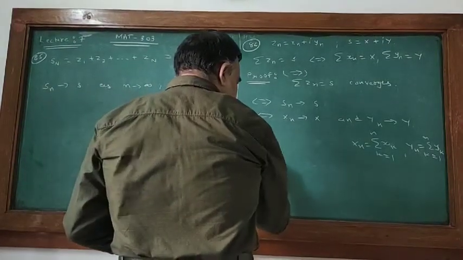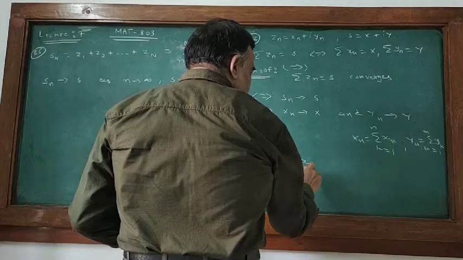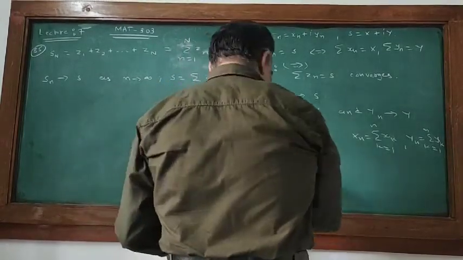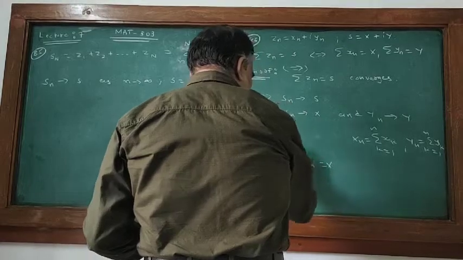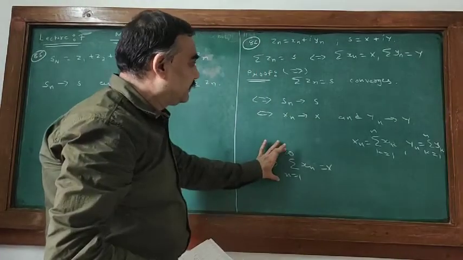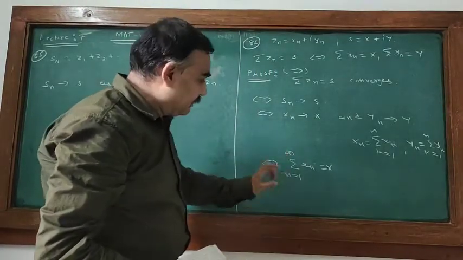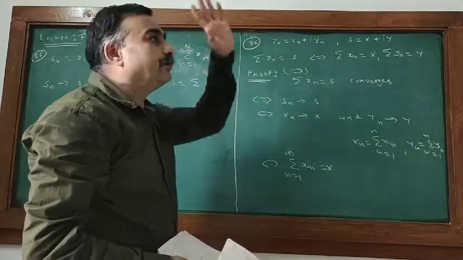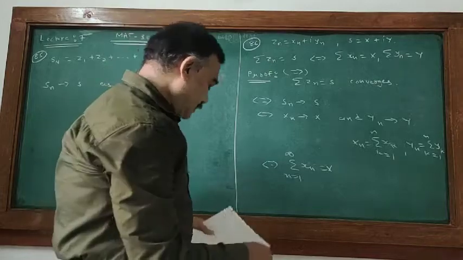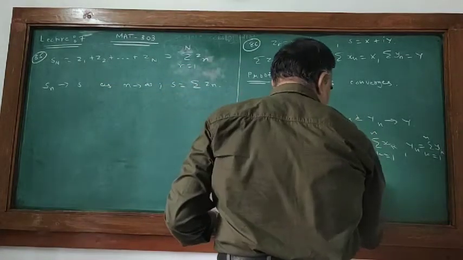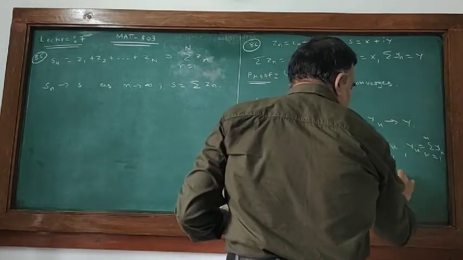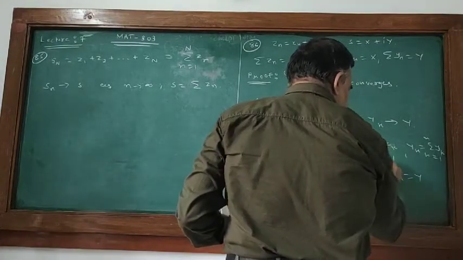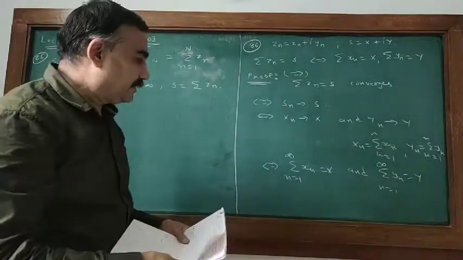This implies sigma xn is equal to x, where n is running from 1 to infinity, or you may not write that. If you are not writing that, it means it is running from the initial point to the last point, up to infinity. And sigma yn equal to y, n running from 1 to infinity.